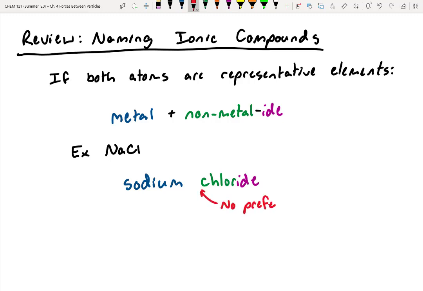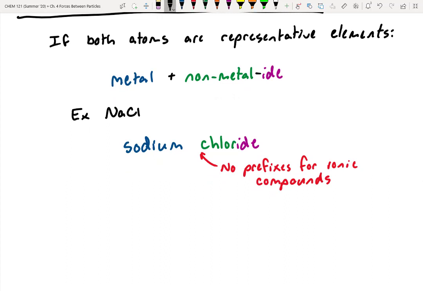So no prefixes for ionic compounds. I know it's kind of tricky to keep track of, but the first thing I do when I'm naming is I first say, is it ionic or covalent? If it's covalent, I remember I need prefixes. If it's not, then I ignore prefixes. They're implied.